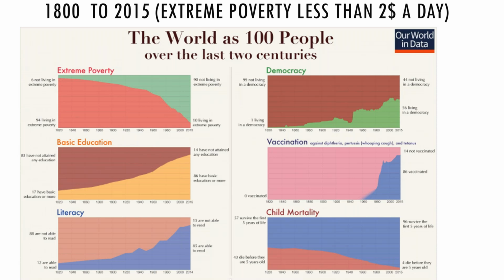So if you look at the chart on the left side, 94% of the living human beings were in extreme poverty. 94% were in extreme poverty in mid-1800s.